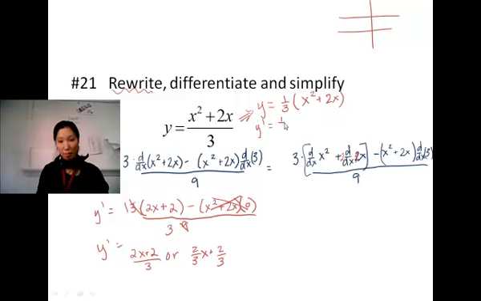So I'm going to pull out that scalar times the derivative of x squared plus 2x. And what we would have been left with is really just this part right here. So you would have 1/3 d dx of x squared plus d dx of 2x by the sum and difference rule. And again, you should pull out that 2.